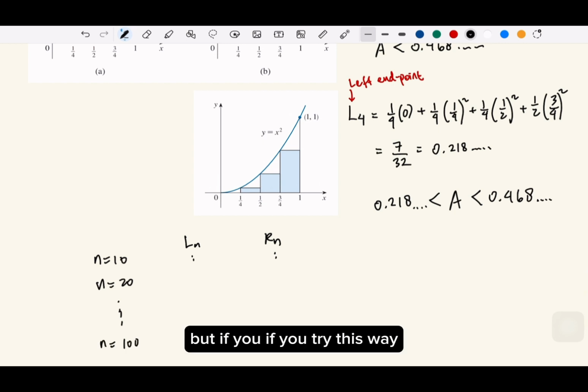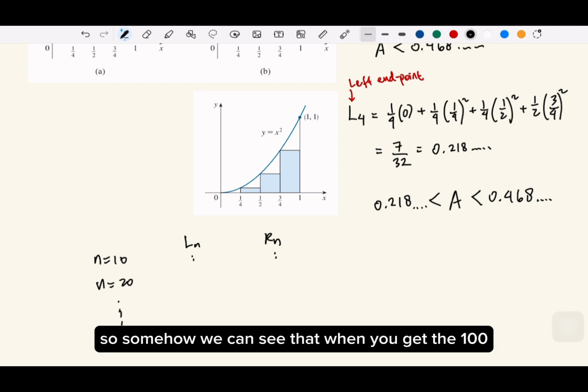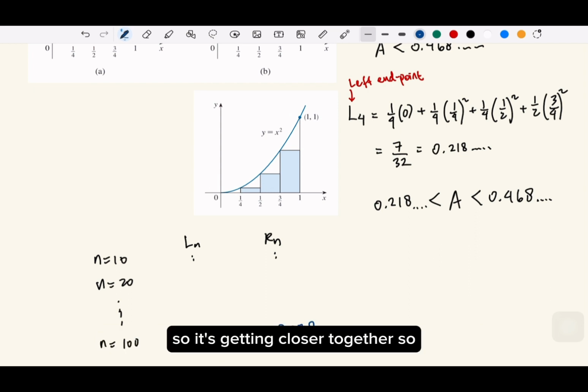But if you increase the n, the L and R are getting close together. So this one is getting higher, the right one is getting closer to the left. So somehow we can see that when you get to 100, for example, this will be around this, and this will be around this. So it's getting closer together. So at the end of the day, it will reach around 0.33 something.